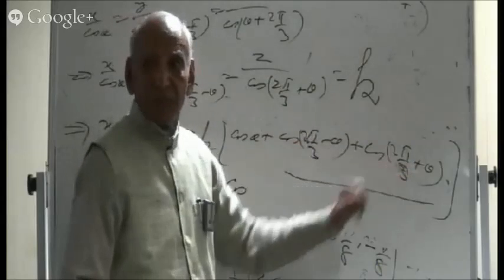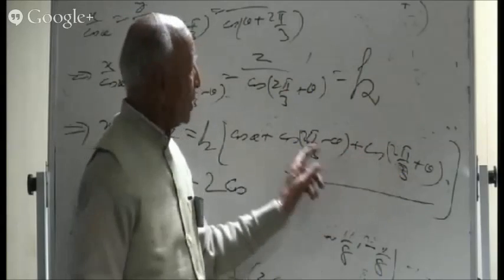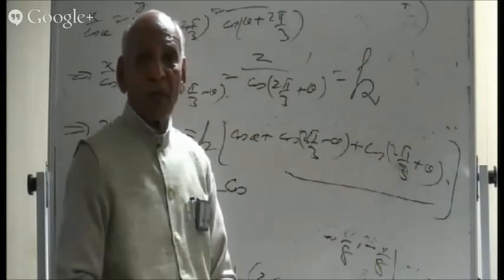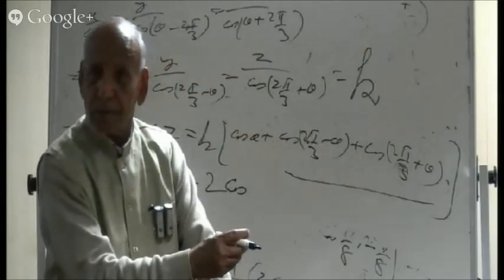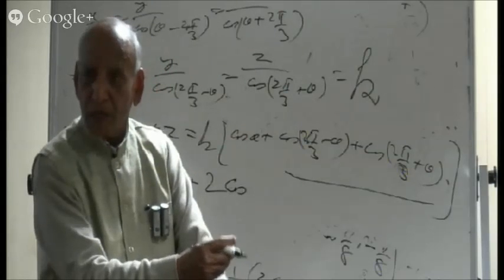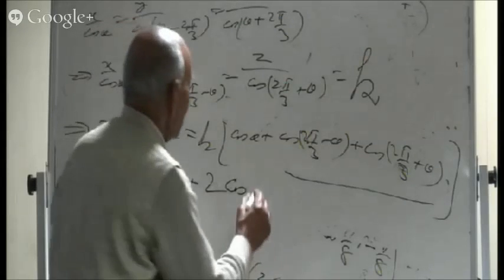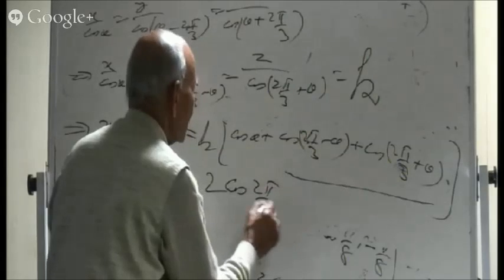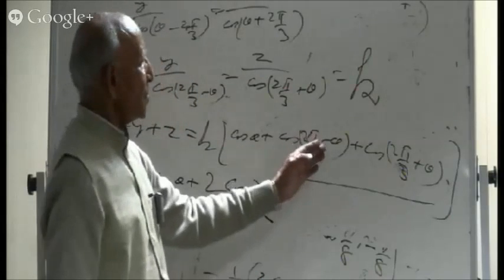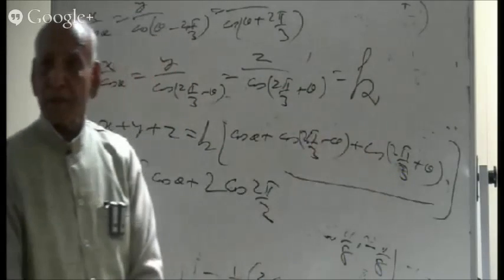A, this plus this. Theta will cancel out. 2 pi by 3 plus 2 pi by 3 by 2, so we'll be getting 2 pi by 3. And then cos of this minus this.